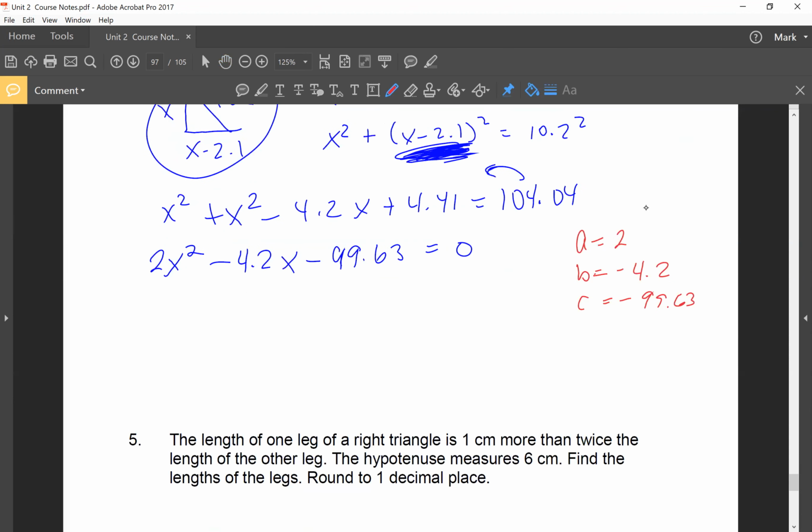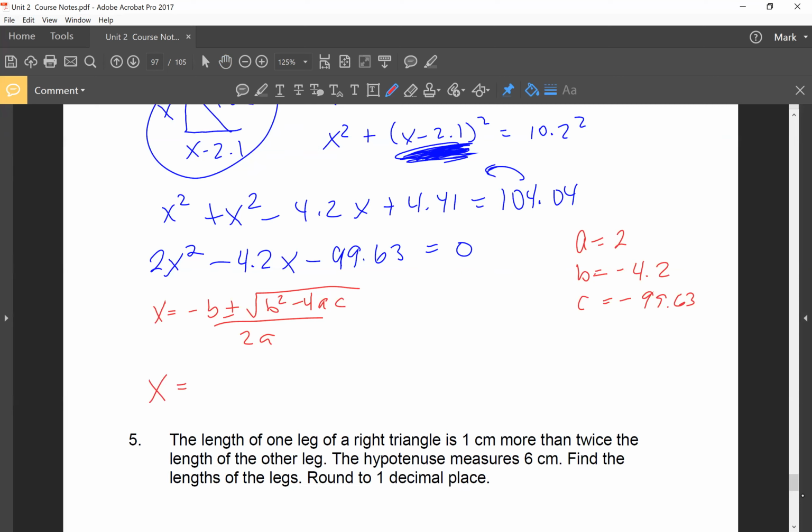All right, let's solve this. Oof, I do not have a lot of room here. So x will be negative b plus or minus the square root of b squared minus 4ac, all over 2a.